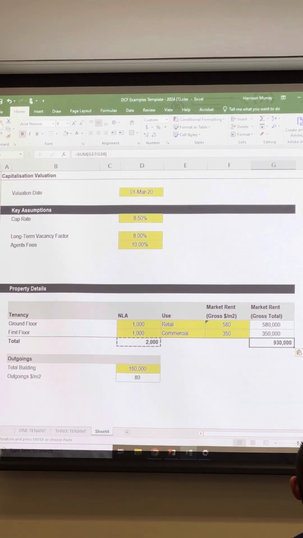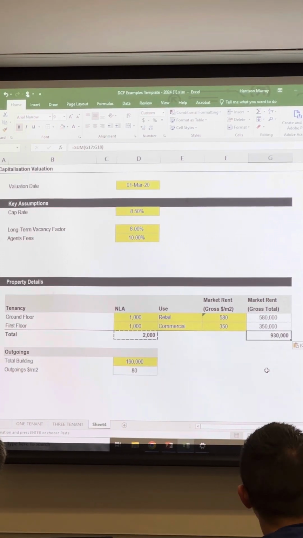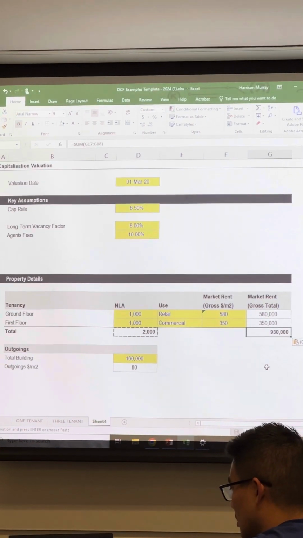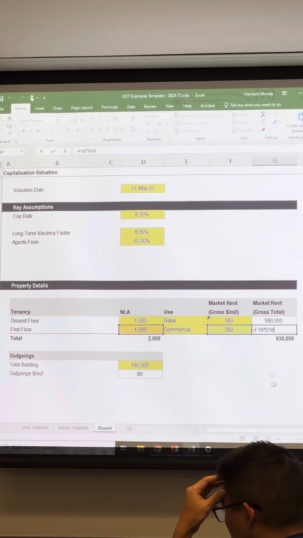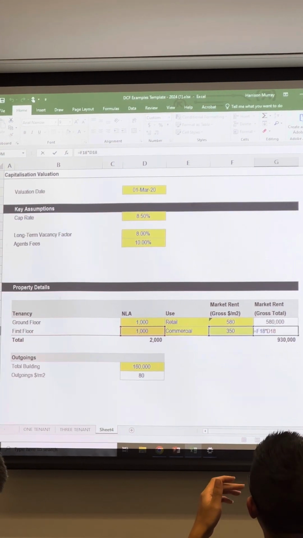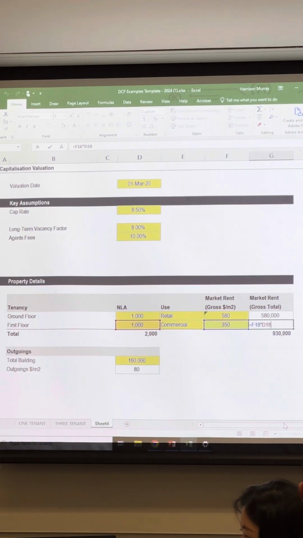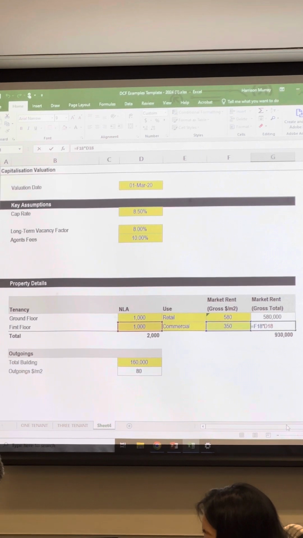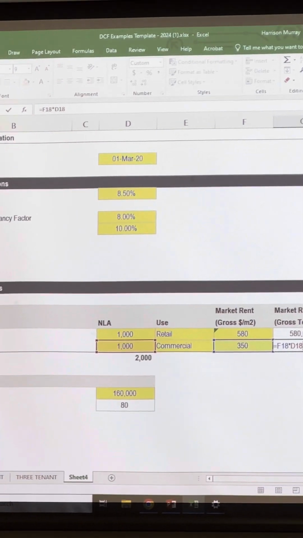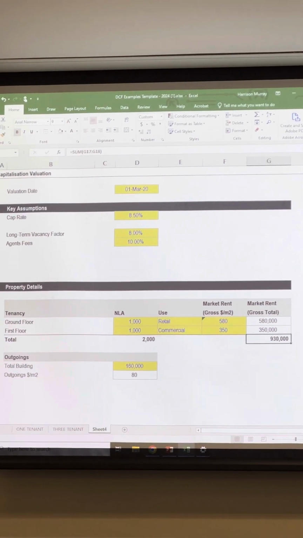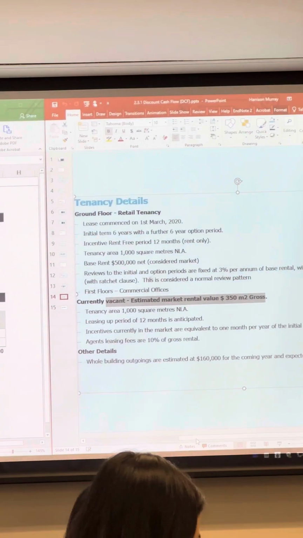So has everyone got that? Yep. For which one? So it's just the area times the market rent rate. And that's just coming from the fact that the question says that the 350 is their estimated market rental.